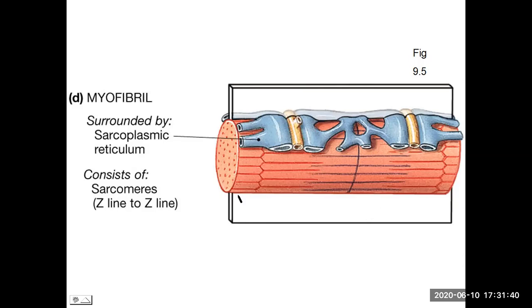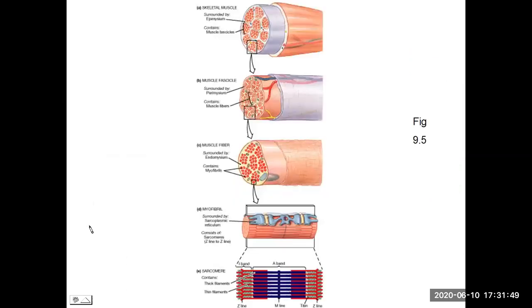Breaking down a myofibril, and from Z to Z, an individual sarcomere. And the sarcomere itself, we covered the different portions: Z lines, I bands, M lines, A bands, and H zone.